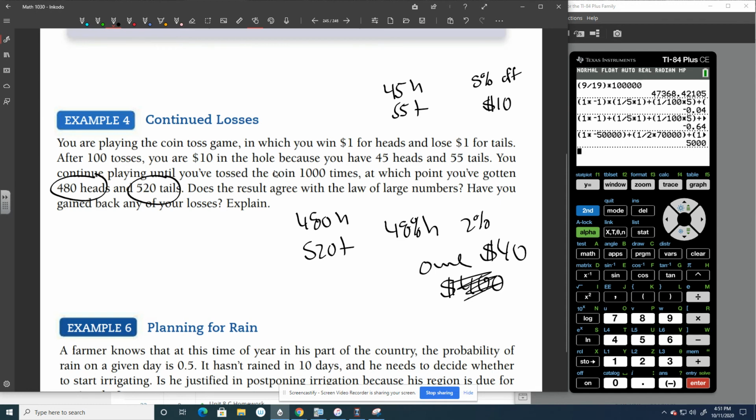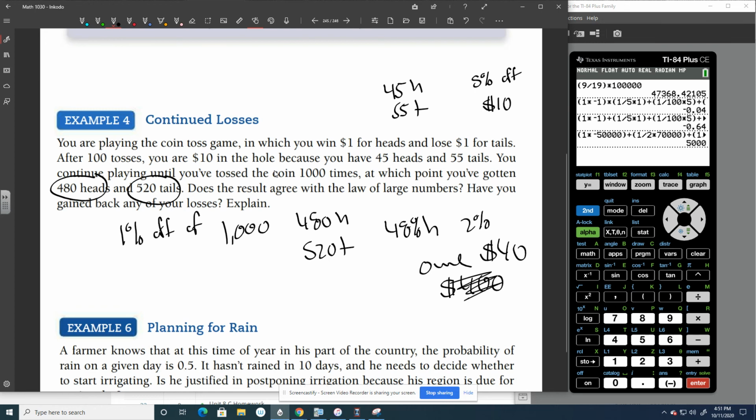You might be 10% off after 100 bets. After 1,000 bets, you might only be 1% off, but you are 1% off of 1,000 bets. Okay. So even though you're closer to the 50-50, you're 1% off of a larger number.